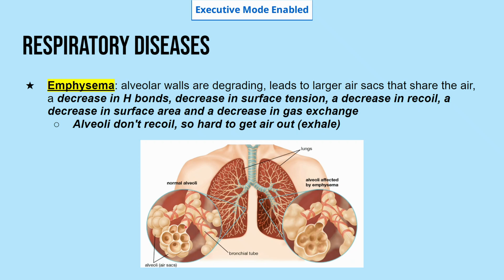So basically the type 1 cells with the hydrogen bonding and inward surface tension force is decreased. So the alveoli aren't recoiling as well. So that makes it hard to exhale.